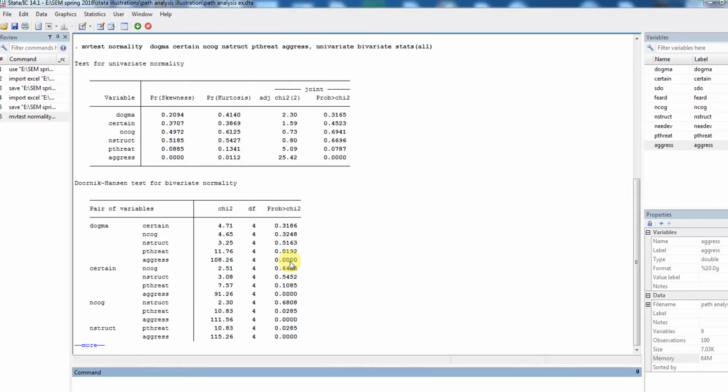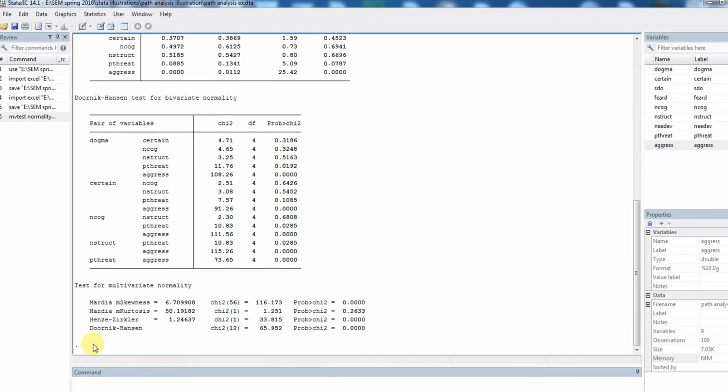As you scroll down, you can see that there are several significant tests with respect to bivariate normality, and statistical significance is actually indicating a deviation from bivariate normality, just like up here, a significant test result would indicate a deviation from univariate normality.